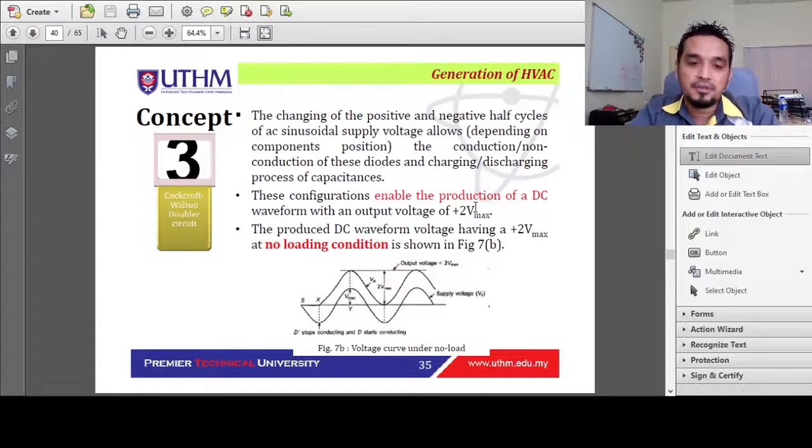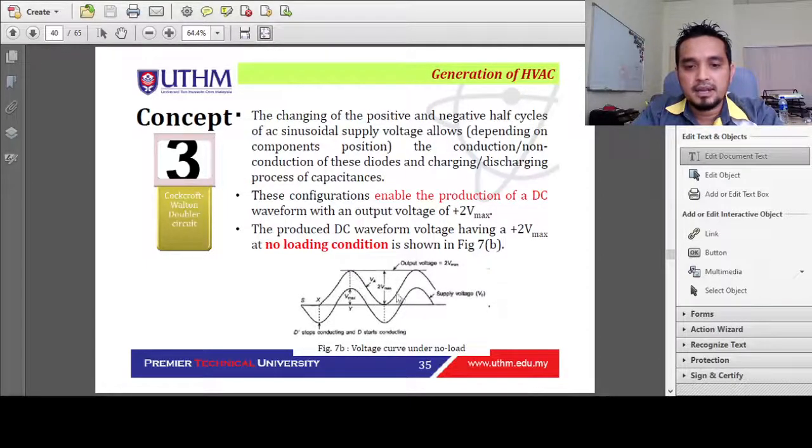Okay, 2 times Vmax. The produced DC waveform, with 2 Vmax under no-load condition, is shown in this figure. For example, this is the supply voltage, and these are the waveforms of the Cockcroft doubler circuit, and this is the output voltage.